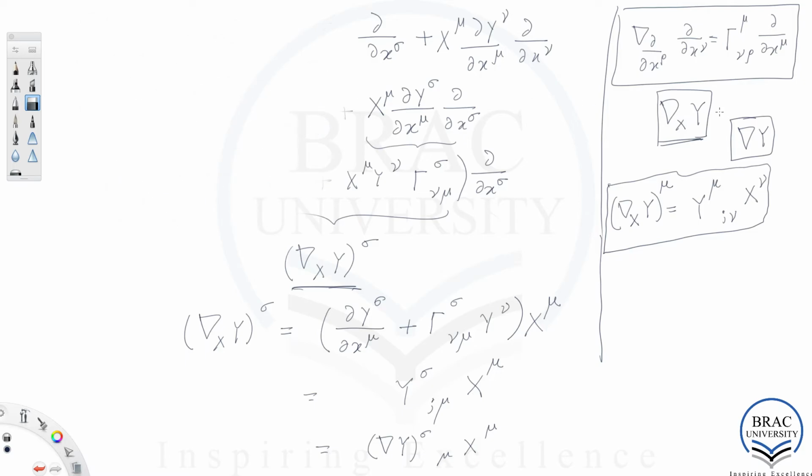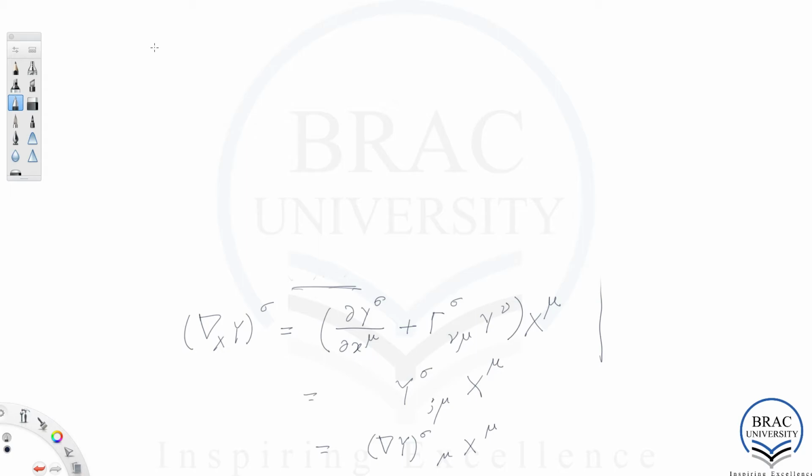Okay, so let me erase these things so that we now have y sigma semicolon mu, which is the same as nabla y sigma mu, and this is equal to precisely this: del y sigma by del x mu, the partial derivative of this function y sigma, which is of course a function, not a scalar function, plus gamma sigma mu, and then we have y mu.